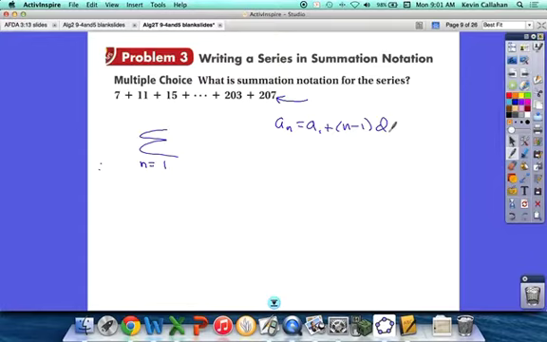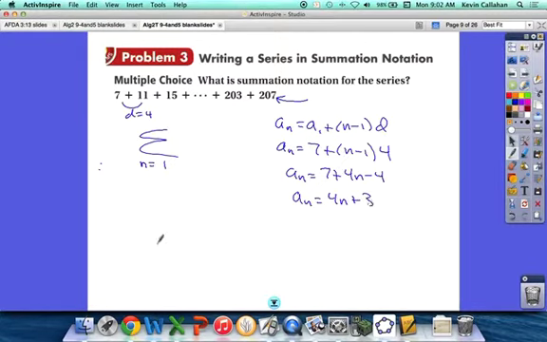Okay. Plug in for the a1. Plug in for the d. Solve or simplify. 7 plus 4n minus 4. an equals 4n plus 3.